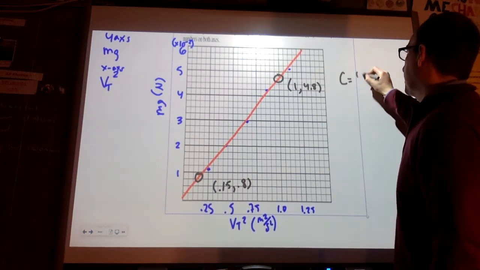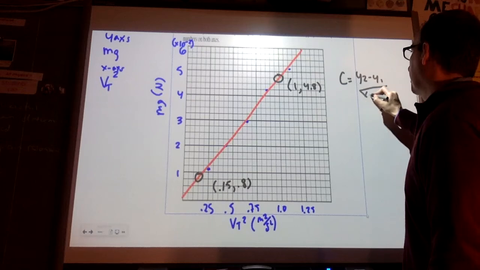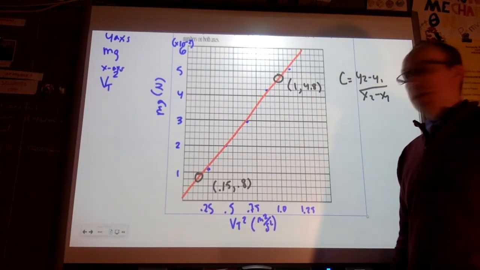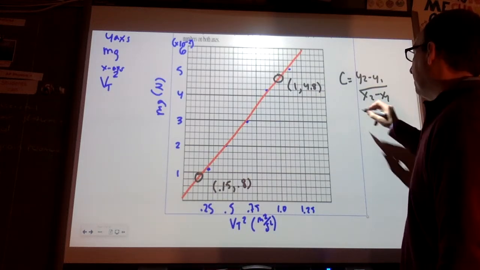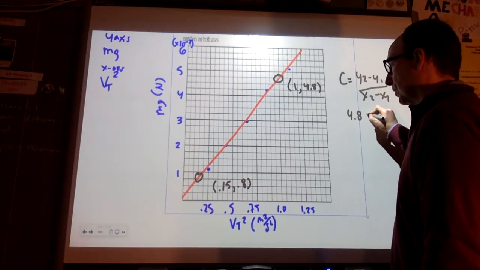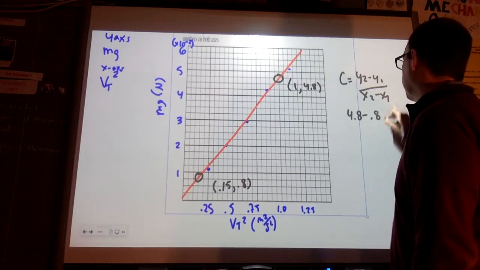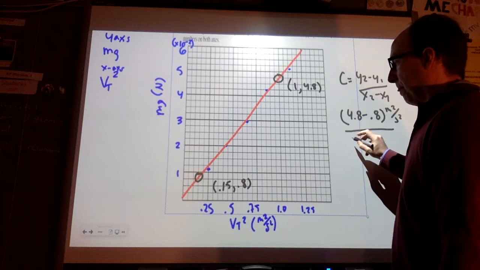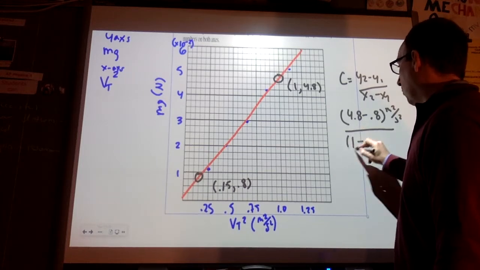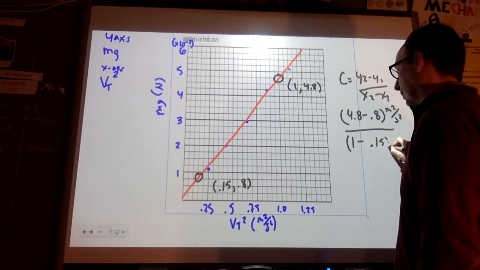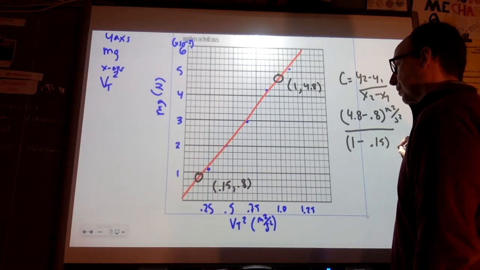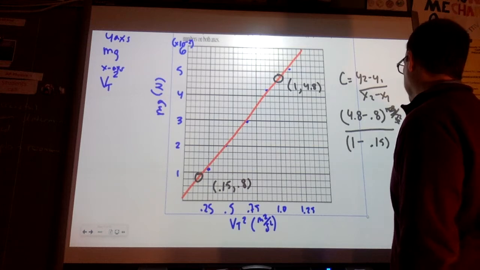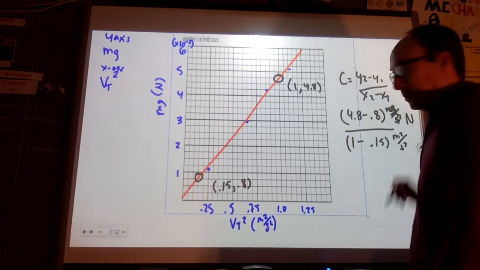And so C is going to be equal to my slope. Again, there's often points for an equation, so you want to actually write down the equation of slope, and you want to put in values with units. I don't know why I wrote down this, because this is newtons, right? This one is meters squared and seconds squared.